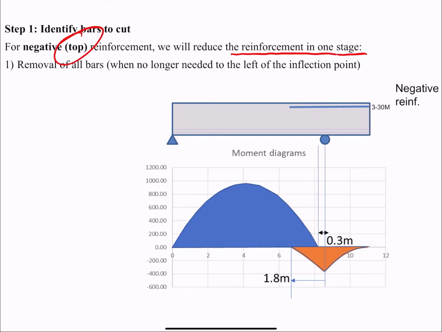So we will cut the 3 bars all at once, where we no longer require them. And remember, these will be the theoretical cutoff points, but we know that we have to extend them a little bit more to find the actual cutoff point. That's for the negative top reinforcement.